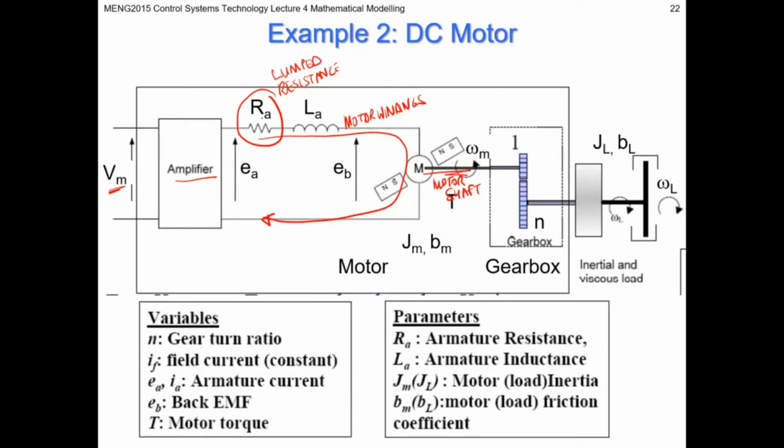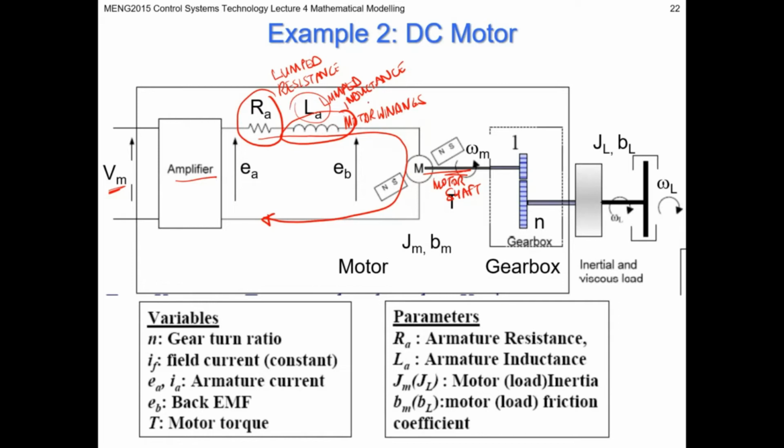We're lumping it into one, representing it as a single resistor, and this likewise is our lumped inductance. So we've got an RL circuit effectively in this case, L being for inductance.